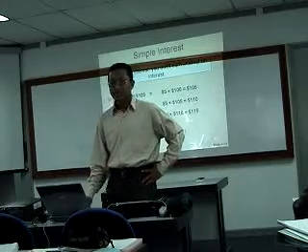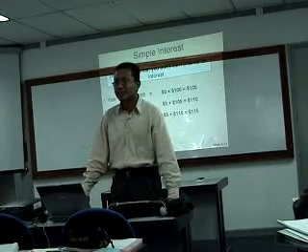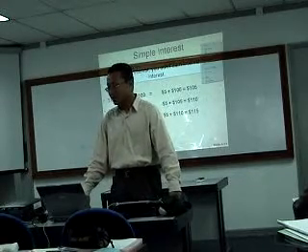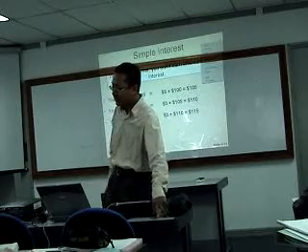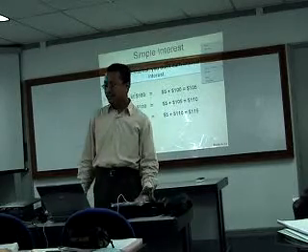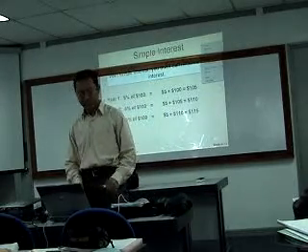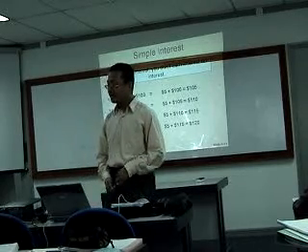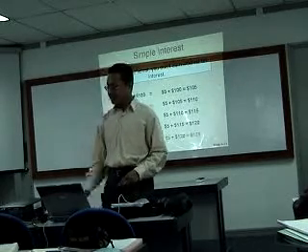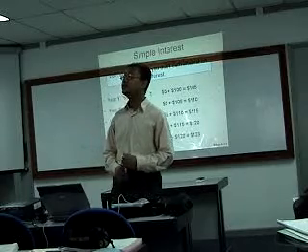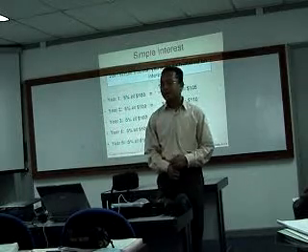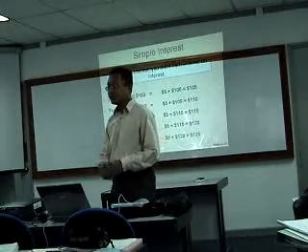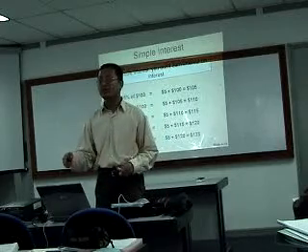The third year, 5% of 100, you get 5 ringgit also. You add it to 110, you get 115. The fourth year, 120. The fifth year, 125. So this is simple interest. You cannot get interest out of your interest.